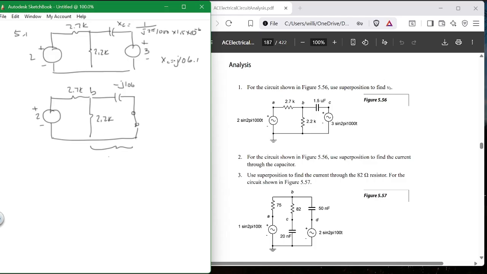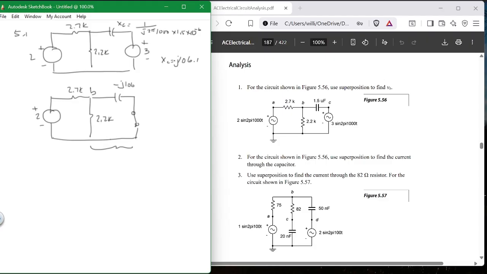So what would be the combined impedance of this? One divided by, parenthesis, 1 divided by 2200 plus 1 divided by minus j 106, parenthesis, equals, what does it equal?